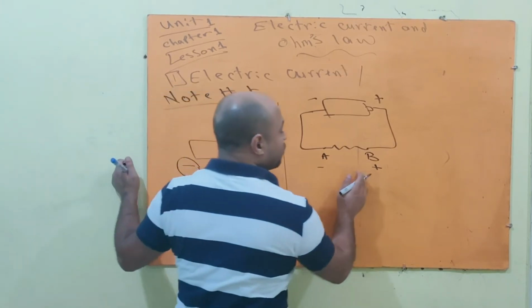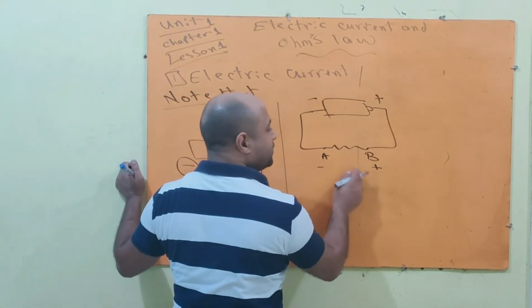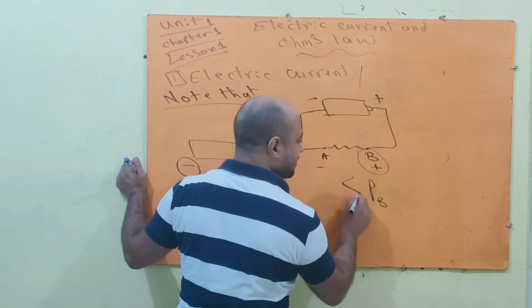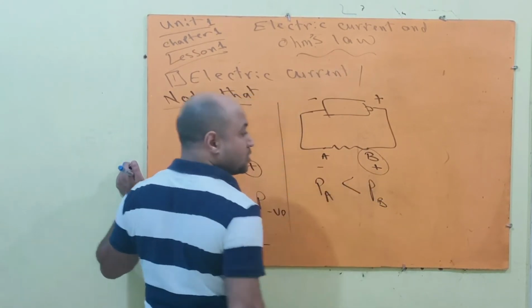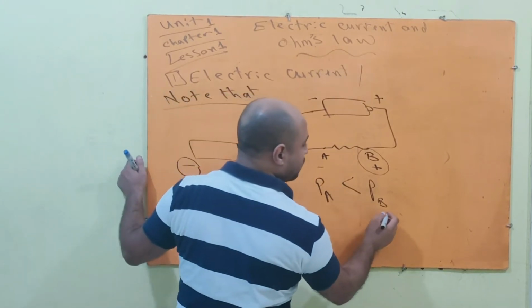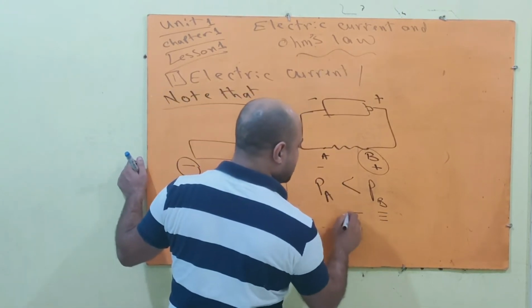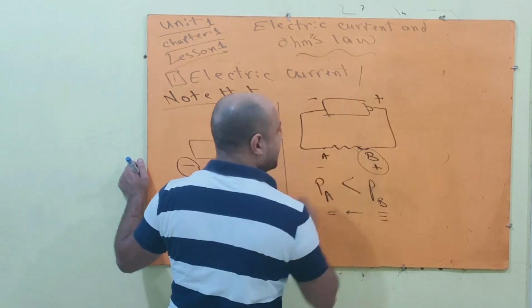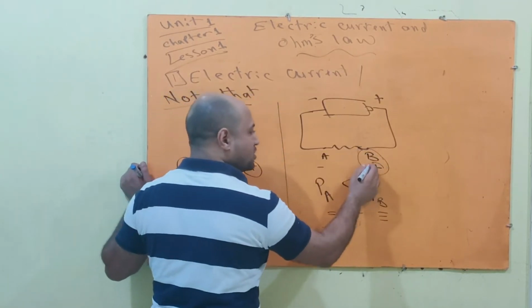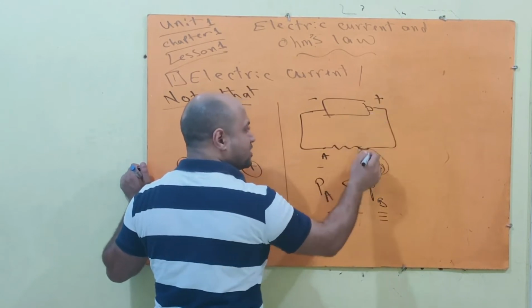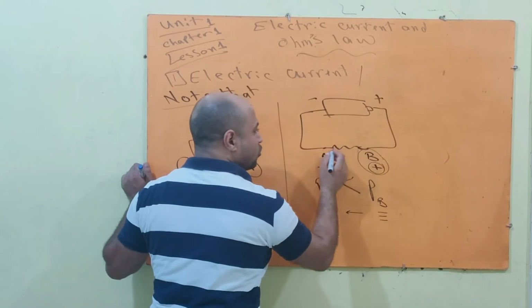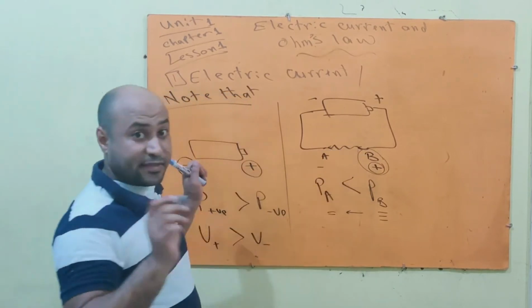So electric current flows from B to A. The potential of B is greater than potential of A. So electric current flows from the point of high electric potential towards the point of lower. So the electric current flows in this direction from B to A, because point B, which is positive, is connected to positive pole, and flows from point B towards point A. You should know that.